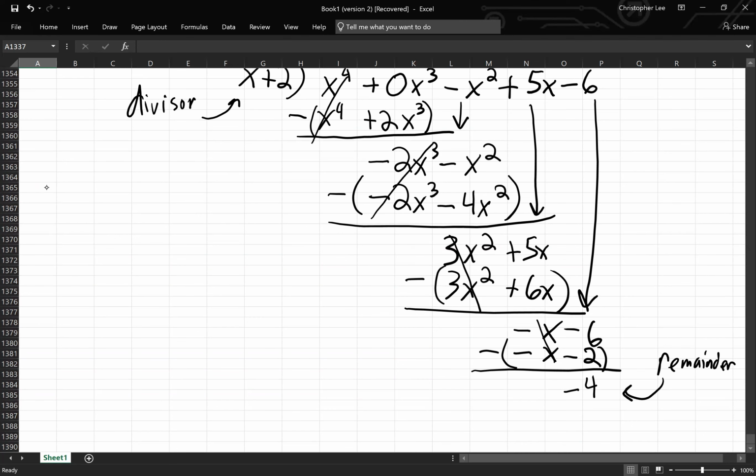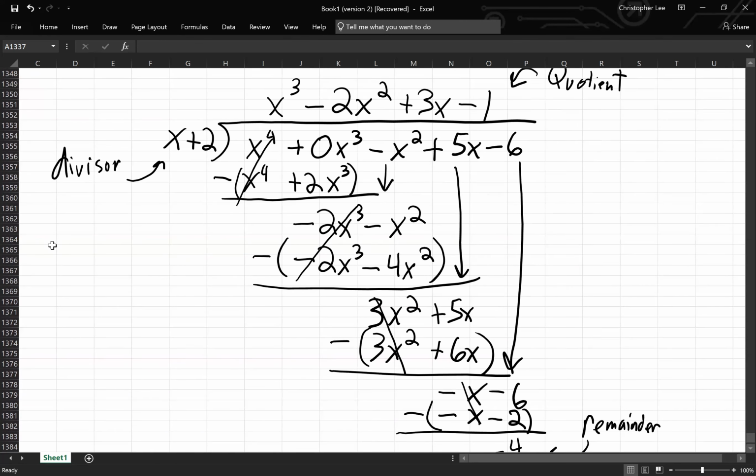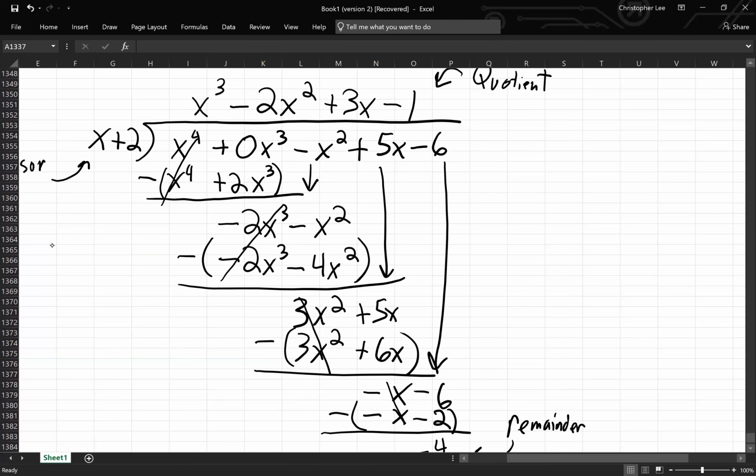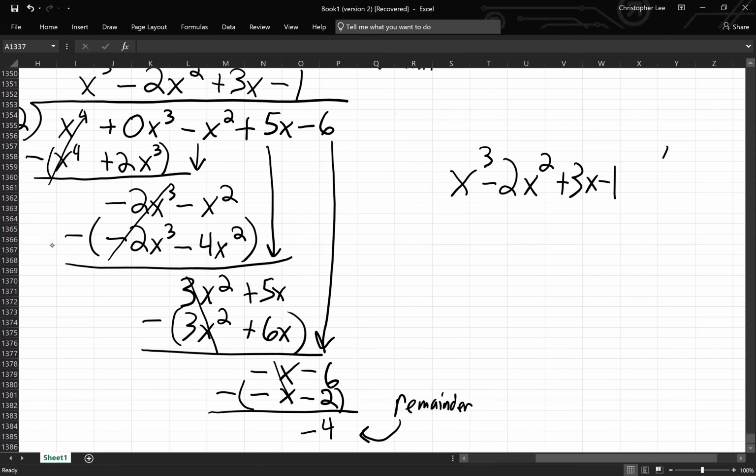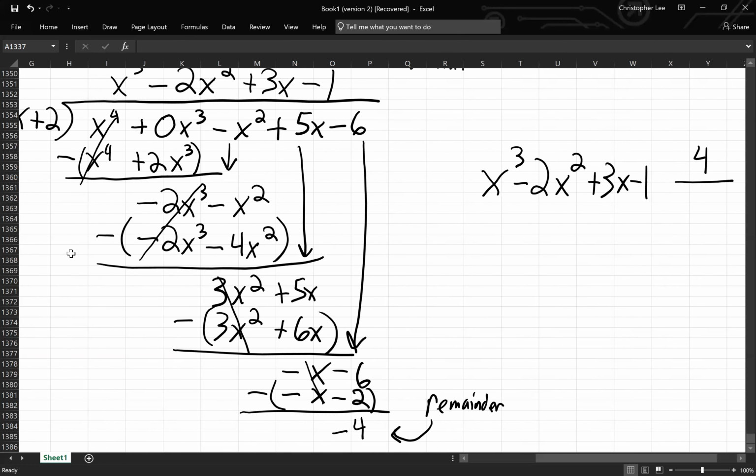Now, sometimes they might ask you to write out your answer where you have the quotient real big and nice, x cubed minus 2x squared plus 3x minus 1, with the remainder. Here's our remainder, over the divisor, our divisor, x plus 2.